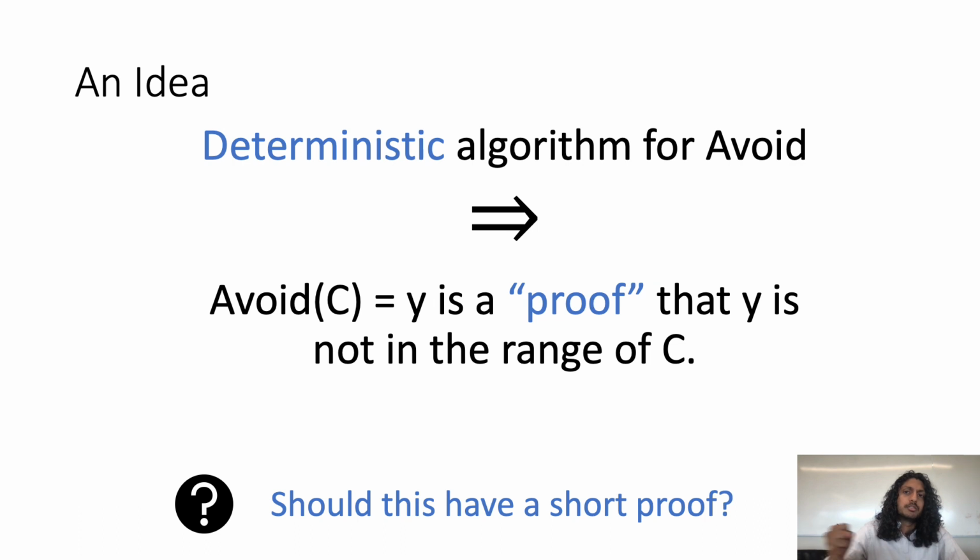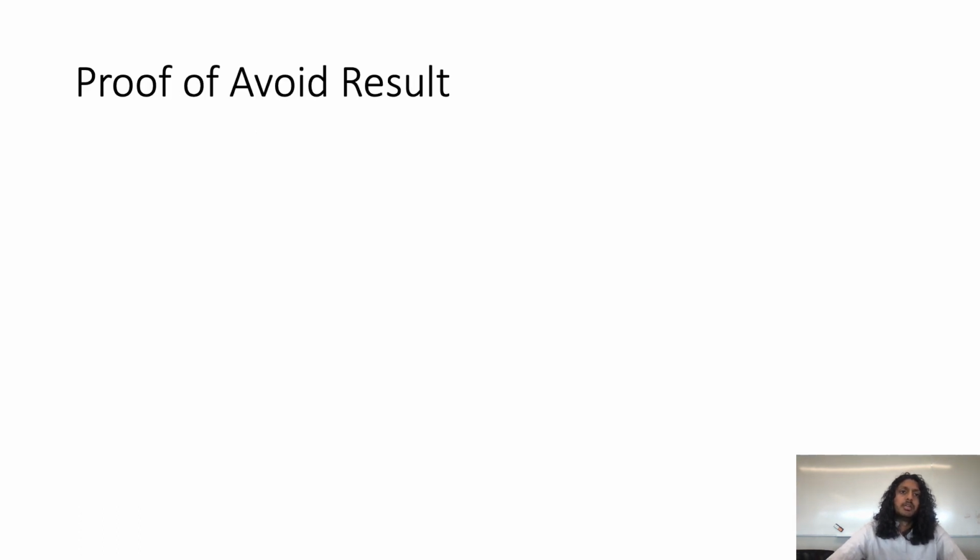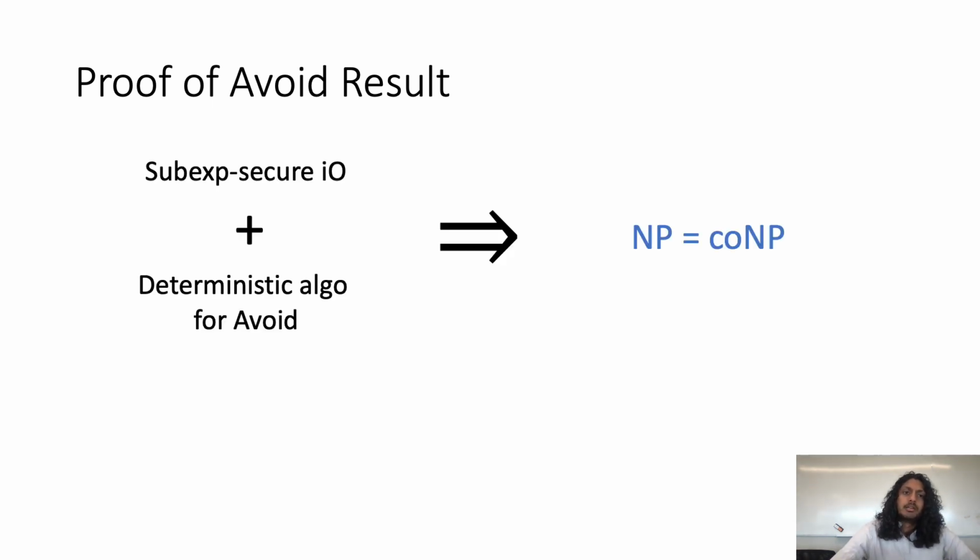So that kind of motivates this NP versus co-NP assumption. Okay. In particular, the proof of that Avoid theorem is going to look like this. It'll say, if we have sub-exponentially secure iO, and if you have a deterministic algorithm for Avoid, then that will imply that NP is equal to co-NP.